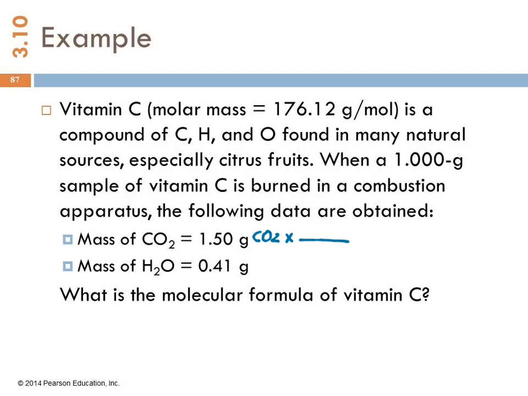And I'm going to find how many grams of CO2 per mole of CO2. So CO2 is 12.01 for the carbon, plus 2 times 16 for the oxygens, molar mass of 44.01. So I'm going to cancel those units. That gives me moles of CO2.